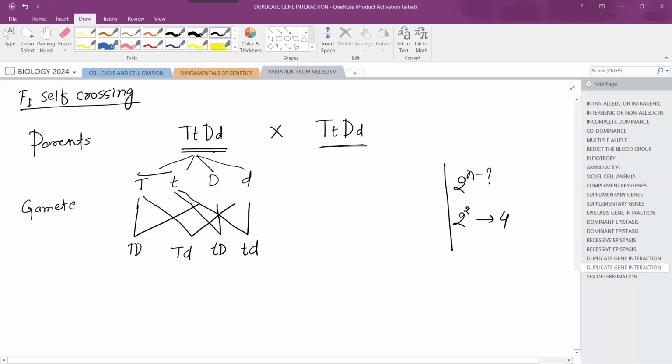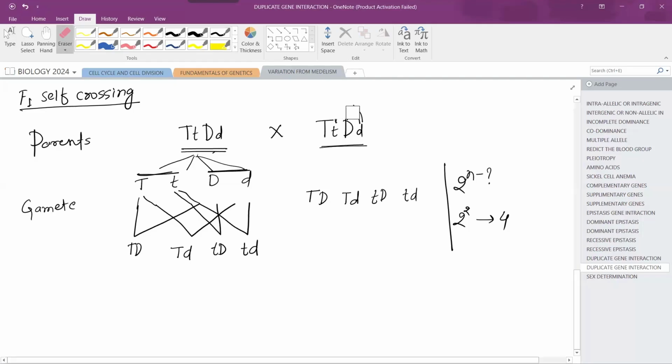So this one is a pair of alleles and this one is another pair of alleles. Similarly, you will get capital T with this D, capital T with this D, small t with this one, and this small t with this one.